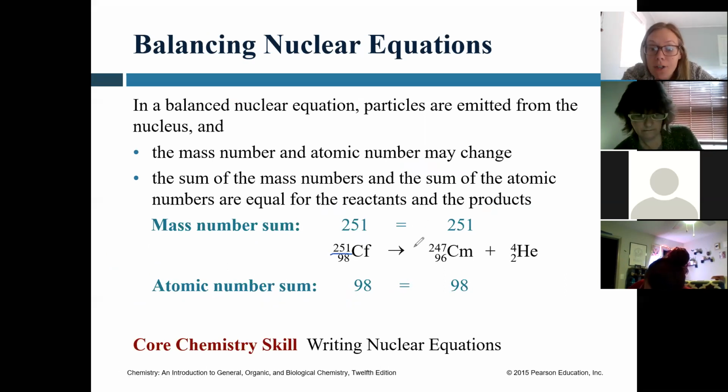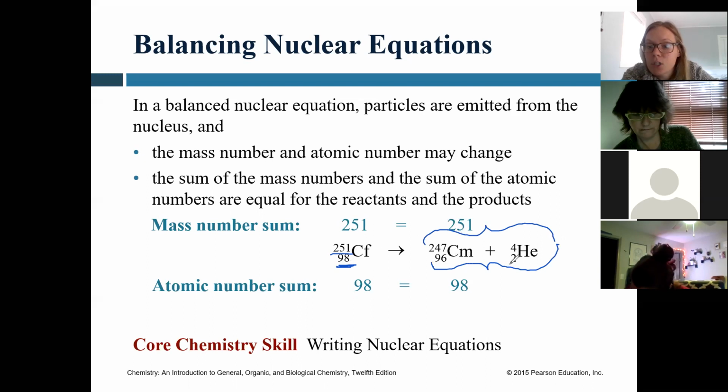That means that everything on this other side needs to also equal the 251. Same thing here, I've got an atomic number of 98. So the total on this side of my bottoms needs to be 98 as well. So 247 plus 4 does give me the 251. And then 96 plus the 2 gives me the 98. So those are balanced and those are balanced. This is a correct formula.